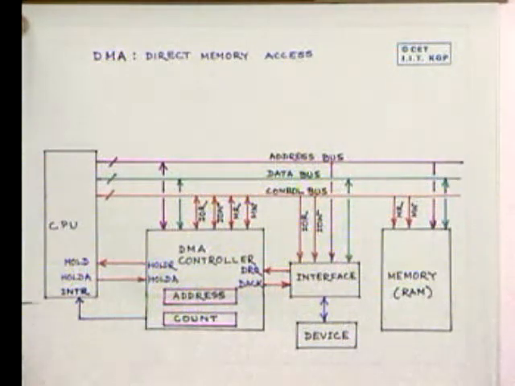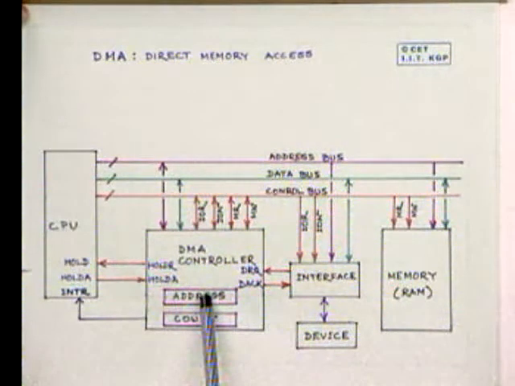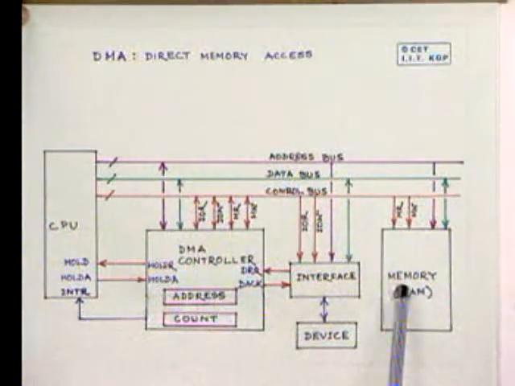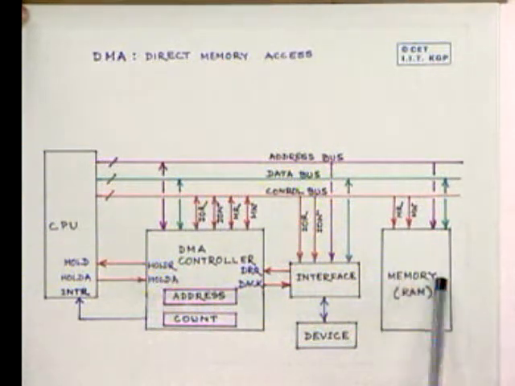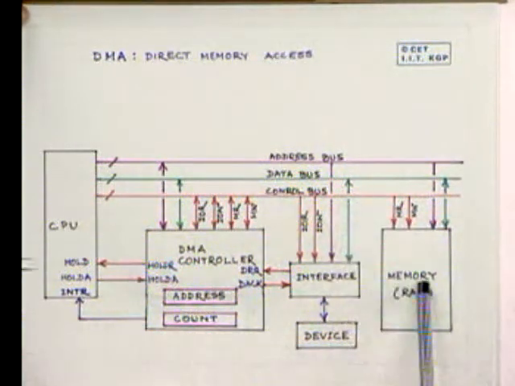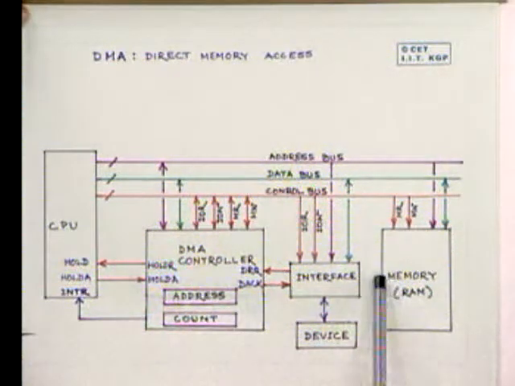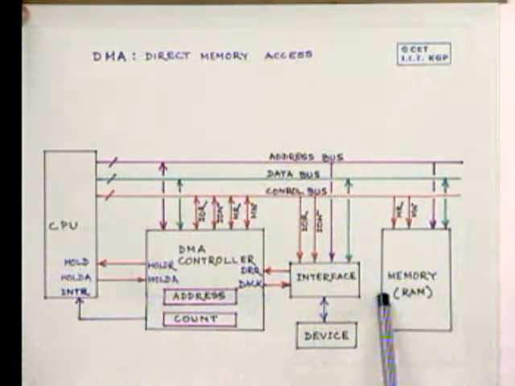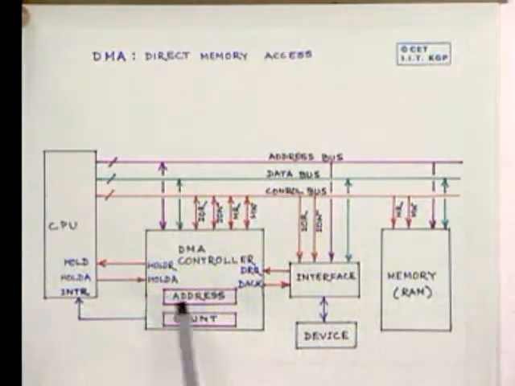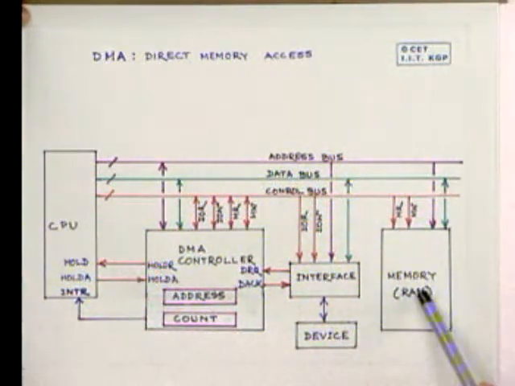Okay. The CPU first puts into the DMA controller the address in memory from where or to where the data has to be transferred. Let us assume that it is from the device interface to the memory. Therefore, the address of the memory location where the data has to be transferred is put into the address register by the CPU. Then the count is placed, that means how many data bytes or data words are to be transferred.